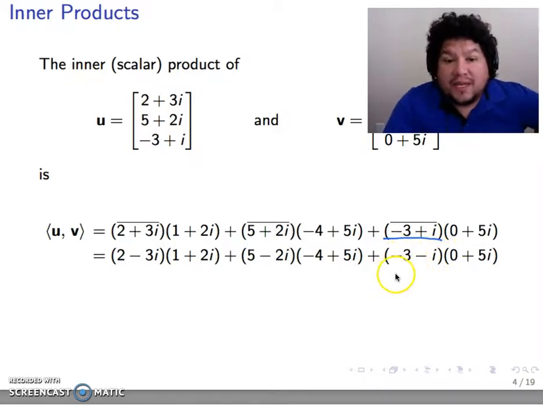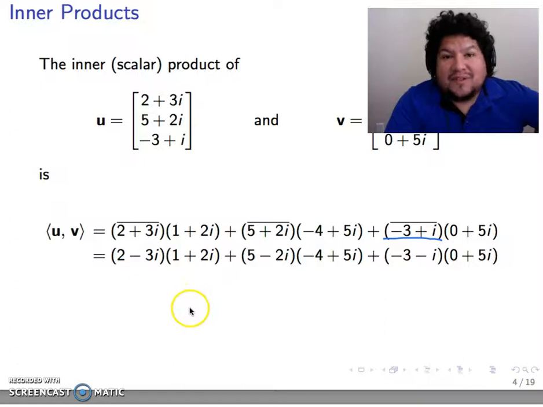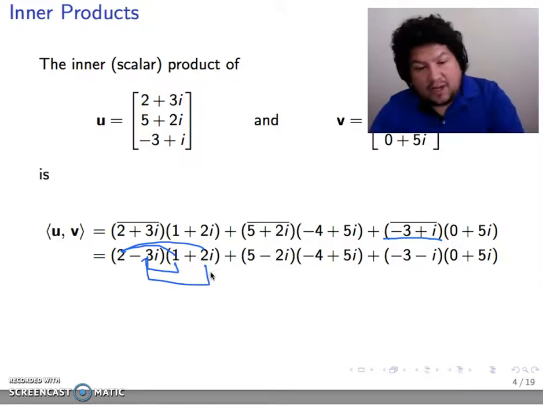So once we do that step, then we proceed to do the algebra, which is basically multiplication of complex numbers and addition of complex numbers. So that means that we're going to say 2, for example, in the first term here, 2 times 1, 2 times 2i, minus 3i times 1, minus 3i times 2i.